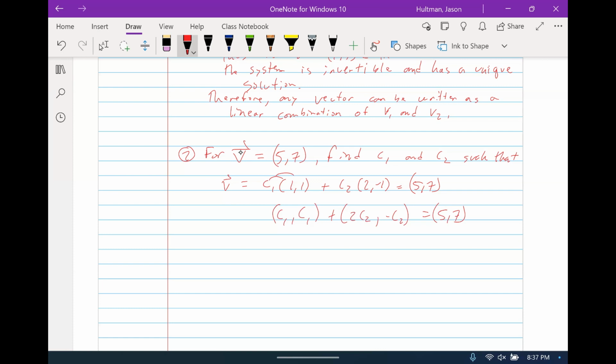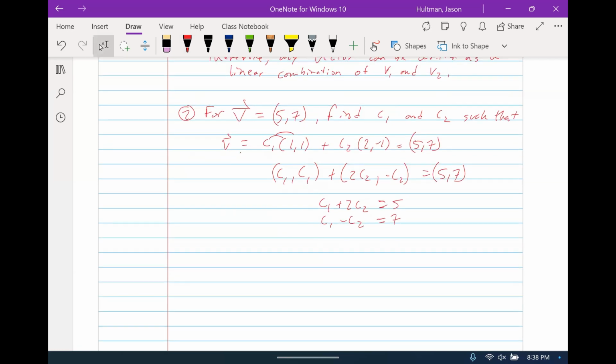So this is going to be C1 plus 2C2 equals 5, and then C1 minus C2 is equal to 7. So this is just a regular system of equations.